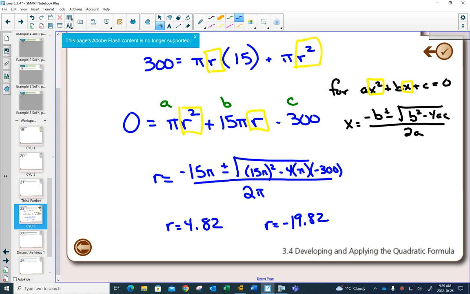Both of those answers are mathematically correct, but this answer makes no sense in the context. You can't have a radius that's negative. That's not a thing. It just doesn't exist.